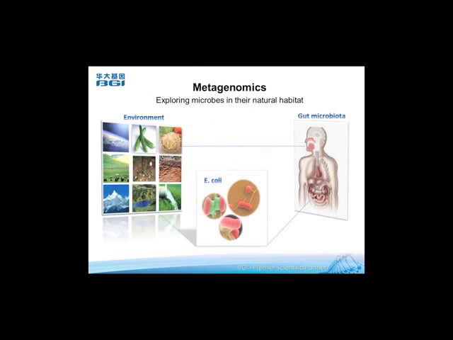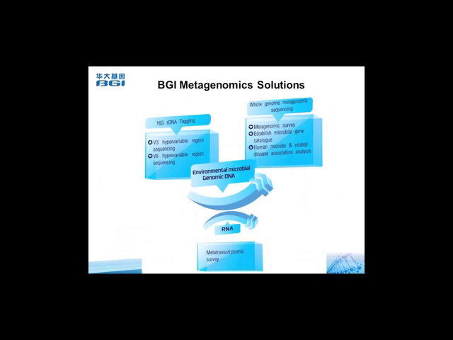So we are involved in the Earth Microbiome Project, where we are studying 200,000 samples together with our collaborators from all over the world, from different environments, and also the Gut Microbiome Project, where we study the microbiome and its association with disease. In terms of solutions, we offer whole genome metagenomic sequencing, establishing gene catalogs, and also 16S rDNA tagging. This is for taxonomy classification, and we also do metatranscriptomic surveys.